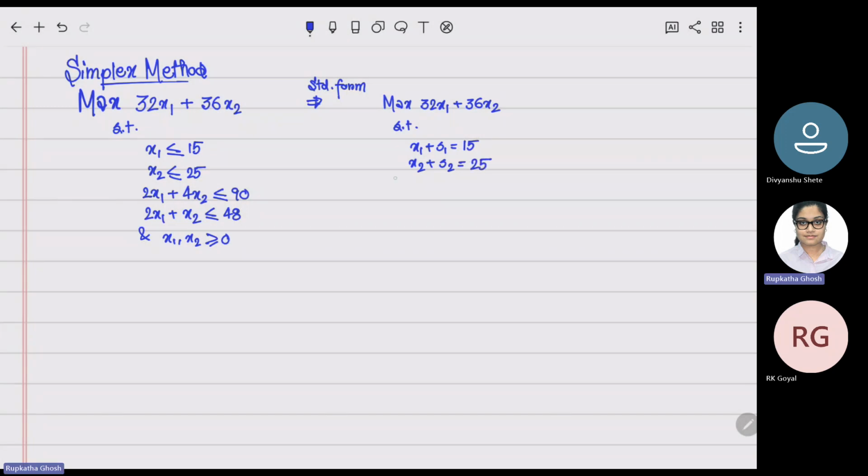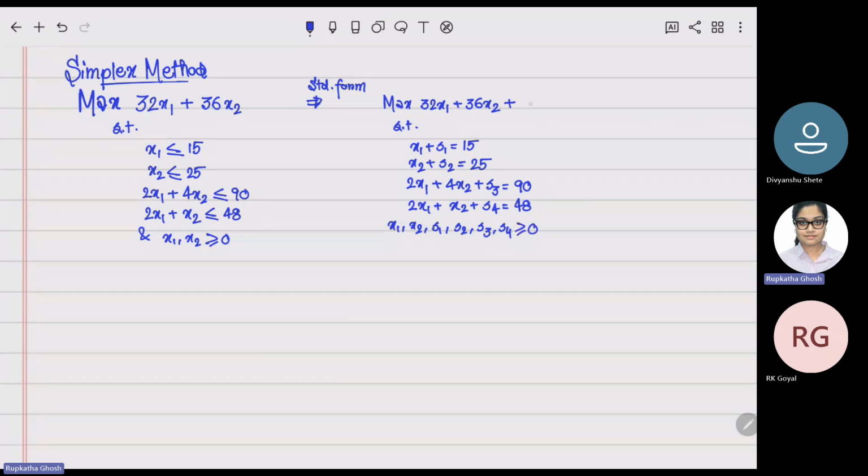Then we have 2x1 plus 4x2 plus s3 is equal to 90. And finally, we have 2x1 plus x2 plus s4 is equal to 48, where x1, x2, s1, s2, s3, s4 greater than equal to 0.